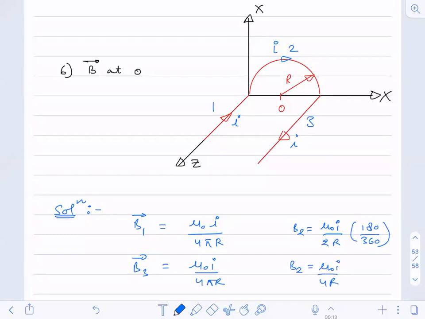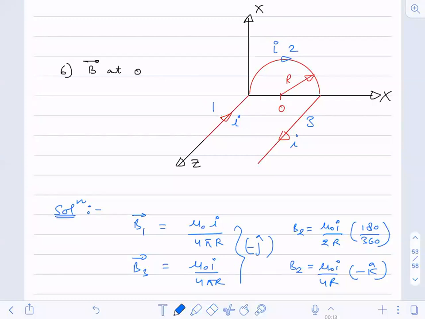Now you find out the direction. This will be going in the minus k direction, and these will go in the minus j direction, because this will go downward. This is in the xz plane, this wire is in the xz plane.